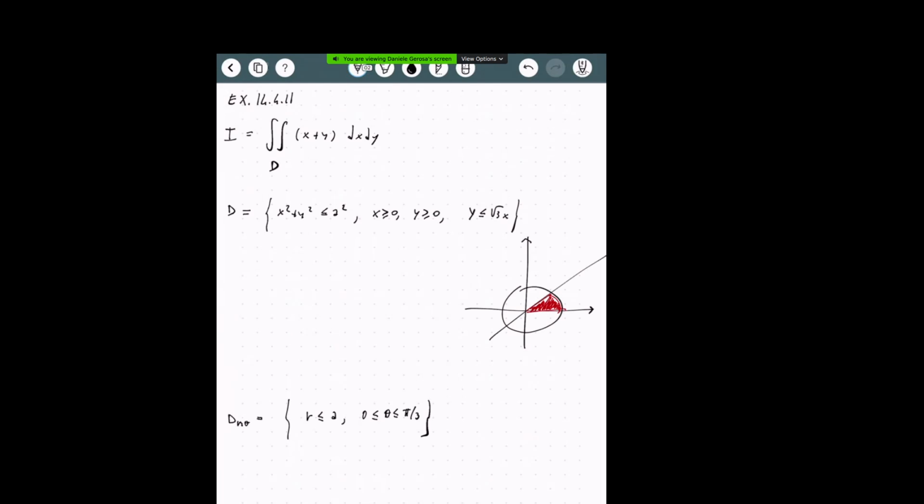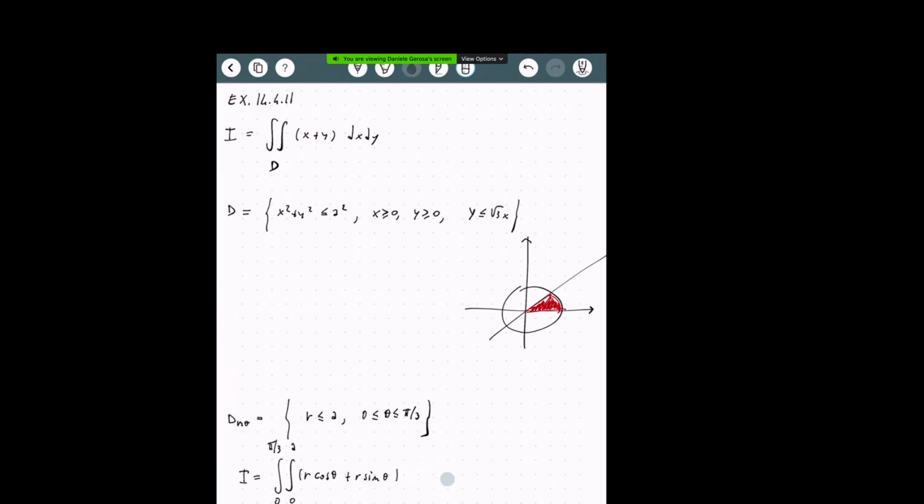We get this is equal to the double integral between 0 and pi divided by 3, 0 and a of r cosine theta plus r sine theta in the dr dtheta. No, but I forgot the Jacobian.